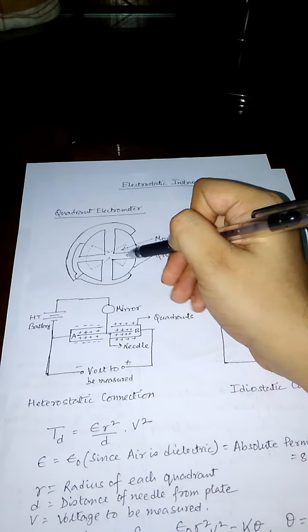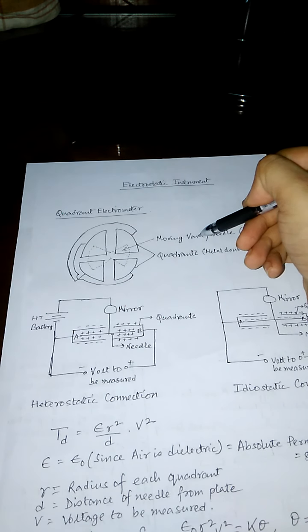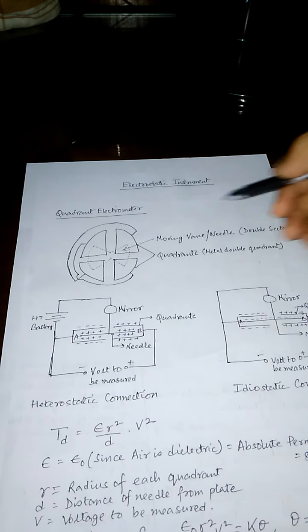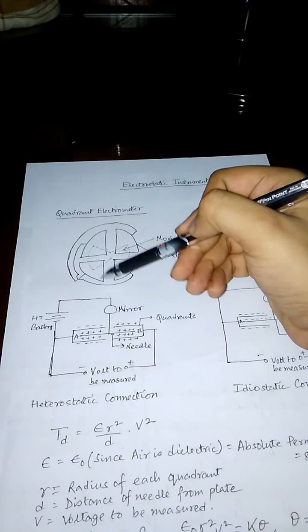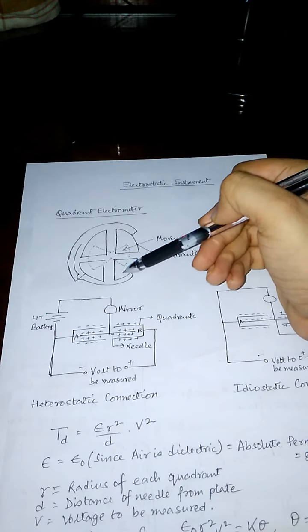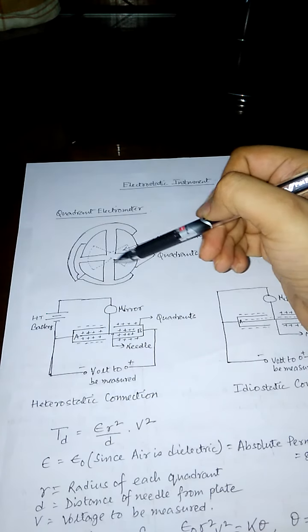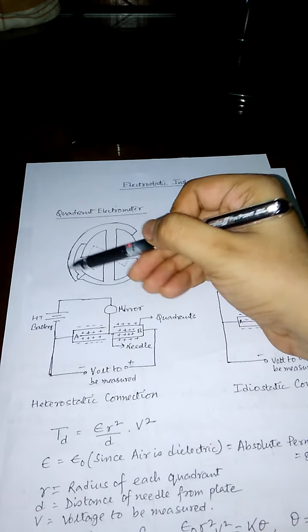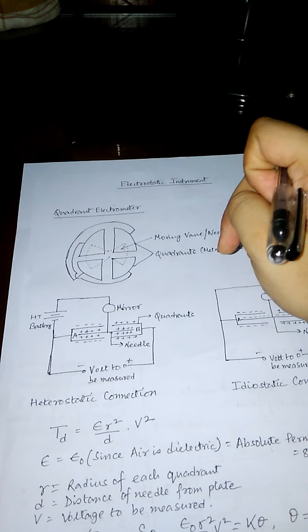See, this is the dotted line. This dotted line forms the moving vane or needle that is double sector shaped. Now these four fixed quadrants are connected in opposite pairs. See, this is connected in the opposite pair, and here this is the moving vane.